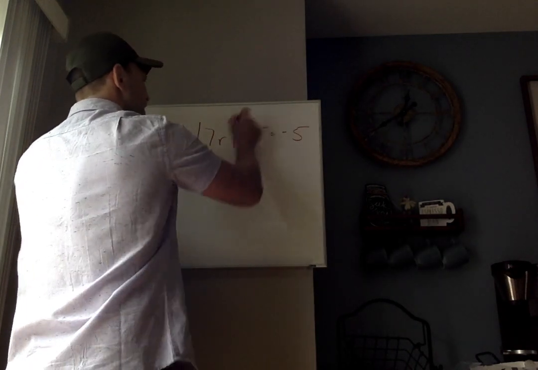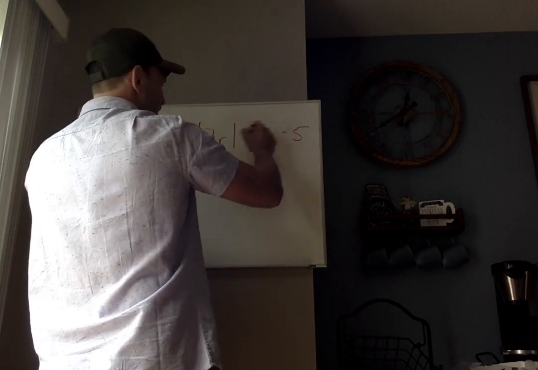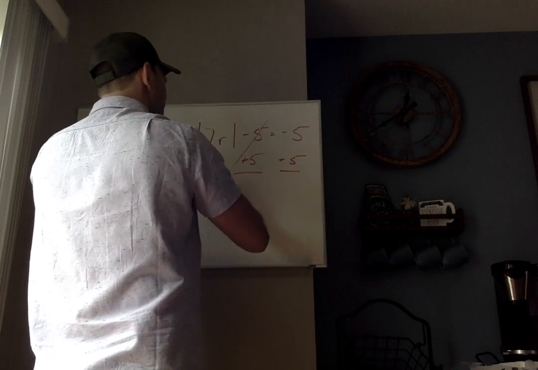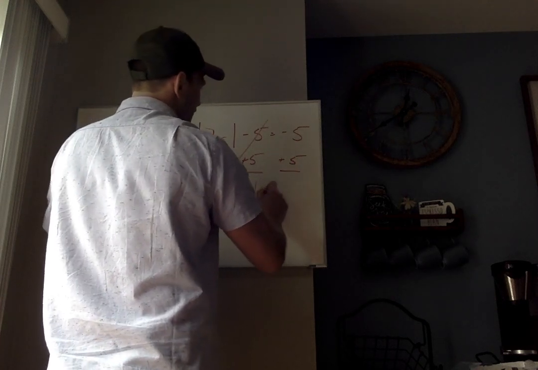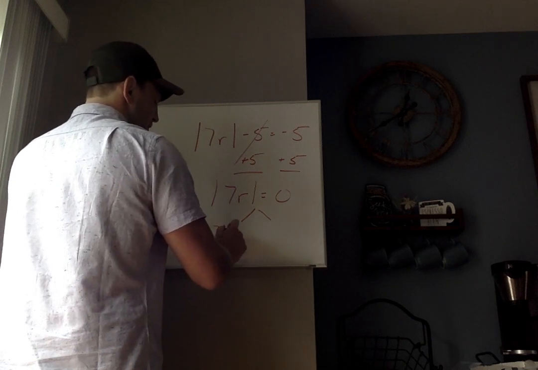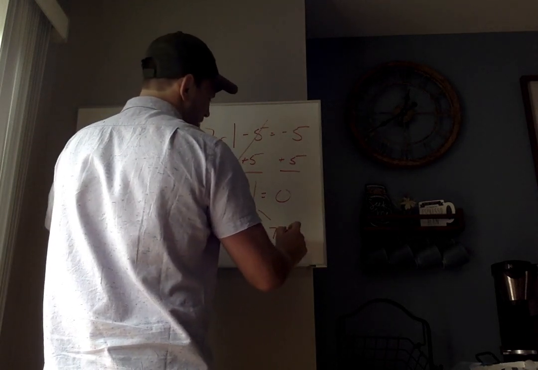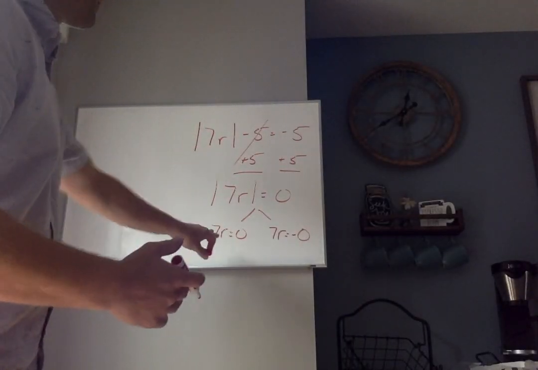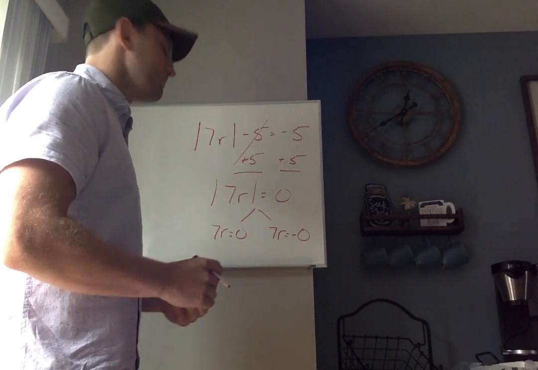The first step is I have to get rid of this, so I'm going to add 5, and I have the absolute value of 7r equals 0. Now I'm going to break that apart, and I have 7r equals 0, and 7r equals negative 0. Just get in the habit of having the positive side and the negative side.